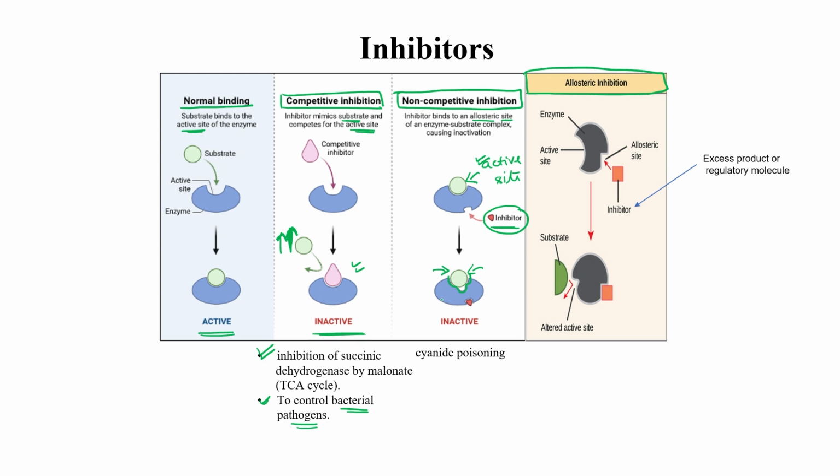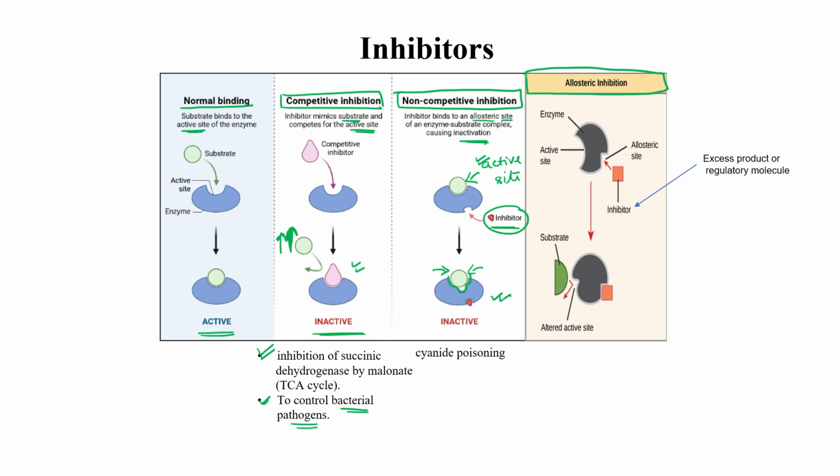So that's how this non-competitive inhibitor also comes and binds to the allosteric site, which is another site, and causes inactivation of that particular enzyme. It stops the total activity of that enzyme, because this binding is very, very strong.